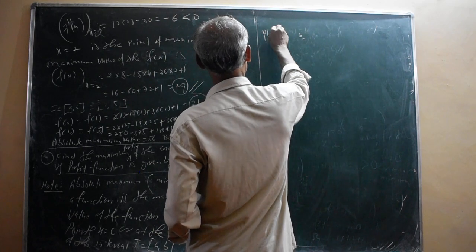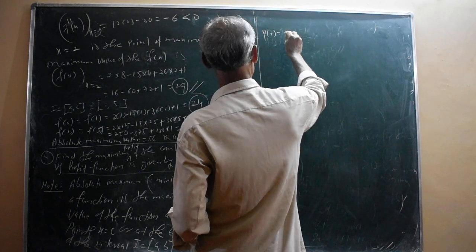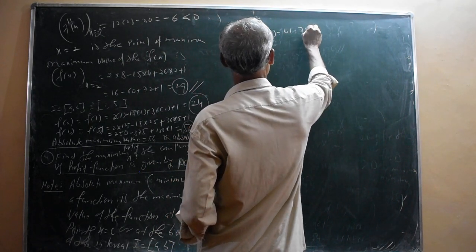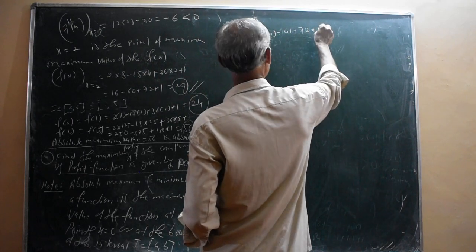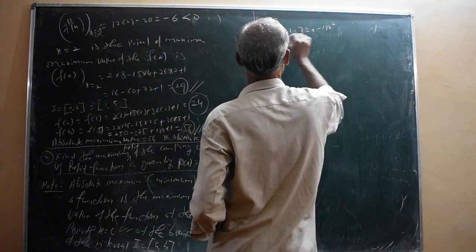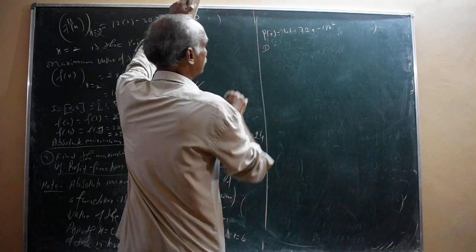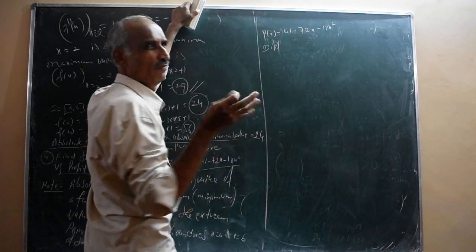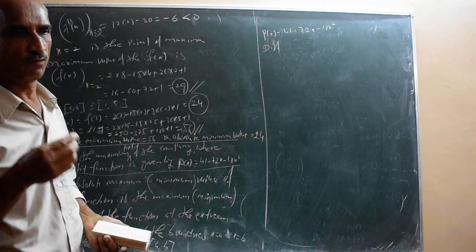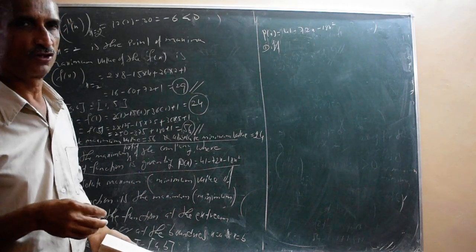P of x is equal to 41 minus 72x minus 18x square. Find the maximum value of the function, nothing more in it. Maximum profit means maximum value of the profit function p of x.